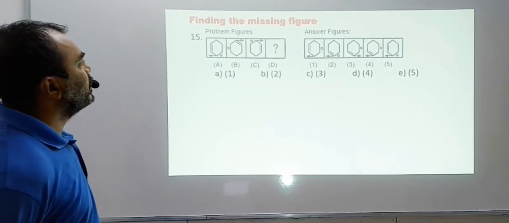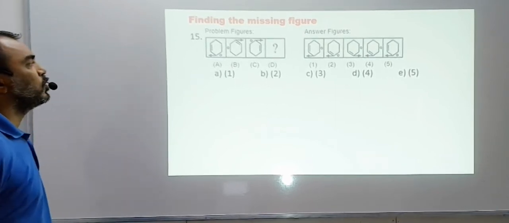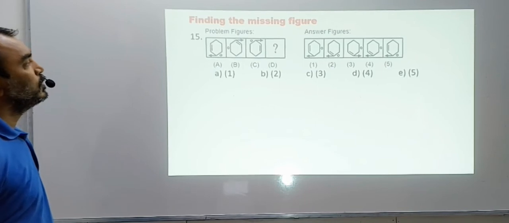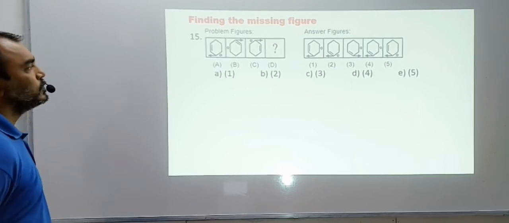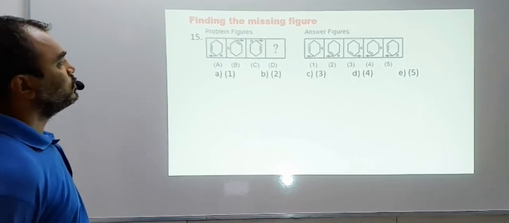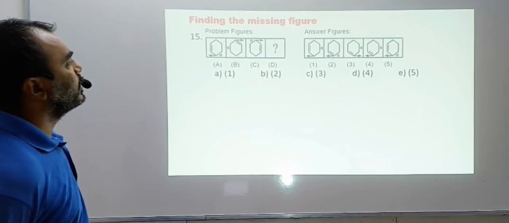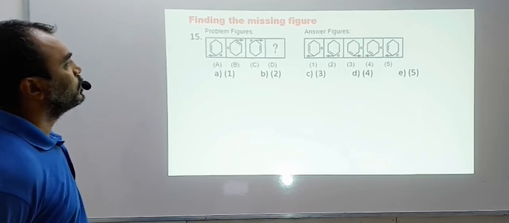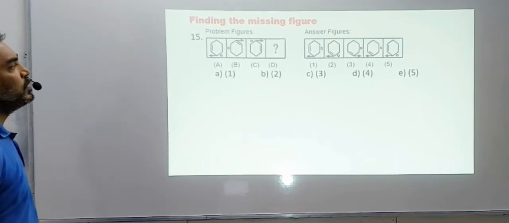So whichever rules they are used to change their positions from A to B, we will apply the same rules from C to D. You have to do that. Whatever change is there from A to B, the same will apply from C to D. Okay, so see for yourself and work it out. Keep a check on your logic, okay? And go to your answer.